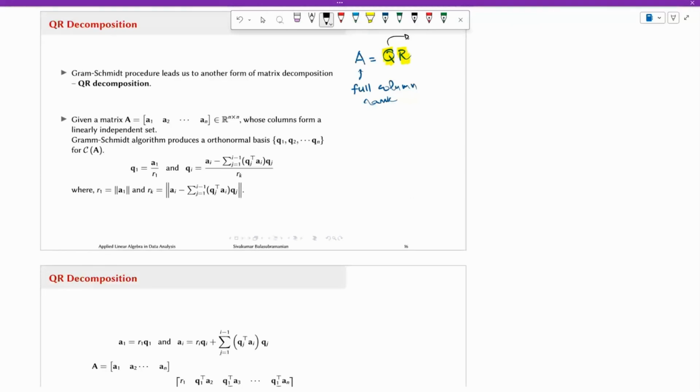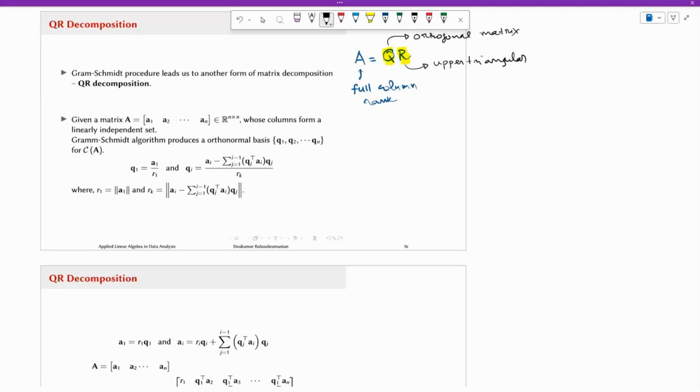This Q will be an orthogonal matrix. And if you started with a full column rank matrix, R will be upper triangular. So this says that any matrix A with full column rank can be written as a product of an orthogonal matrix and an upper triangular matrix.